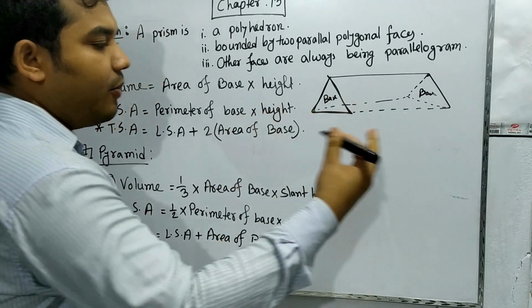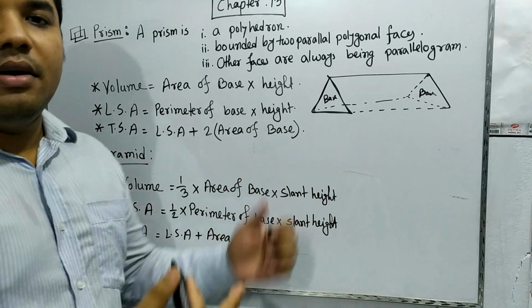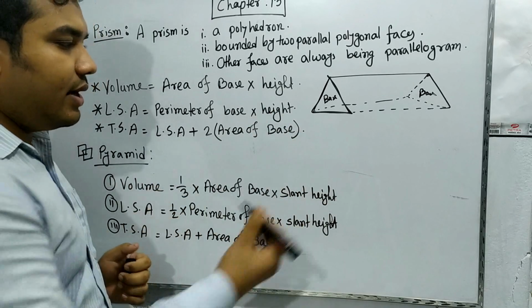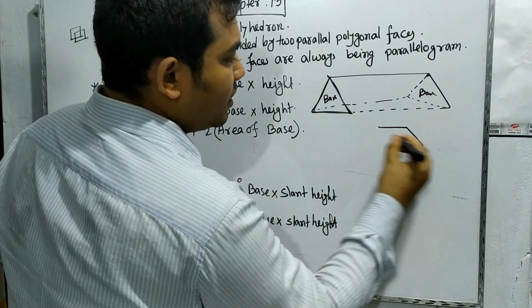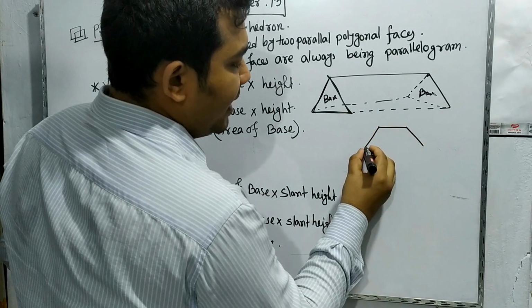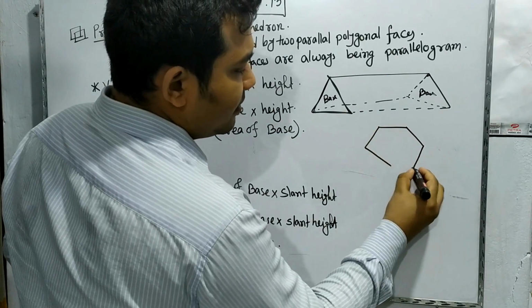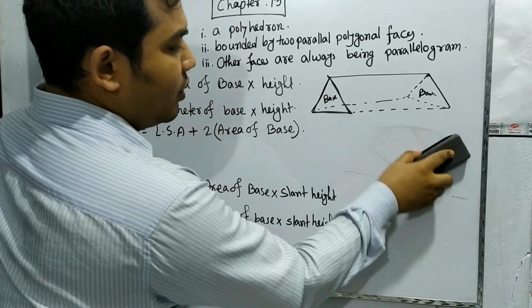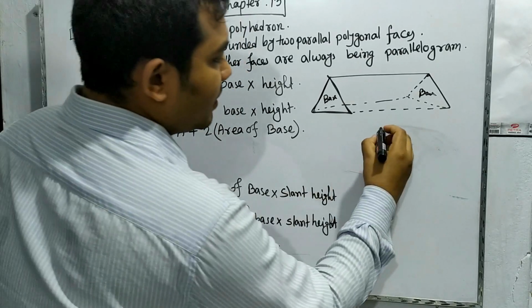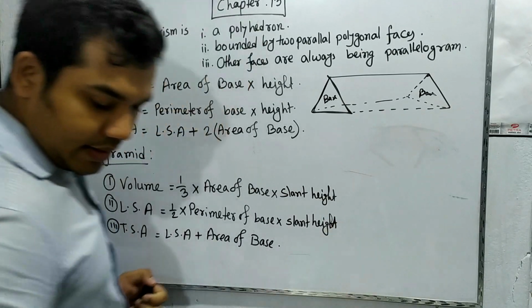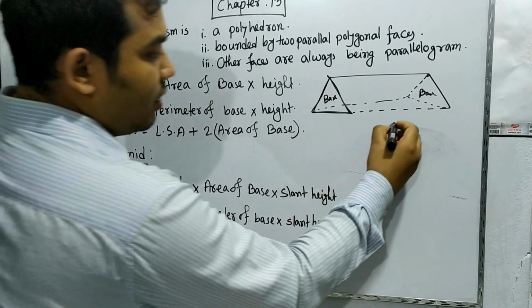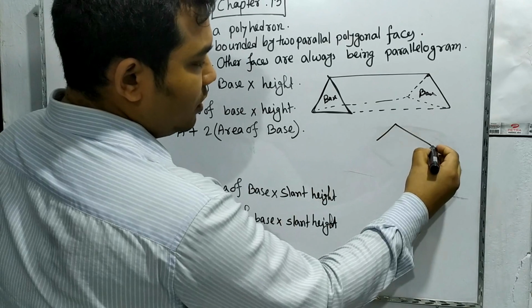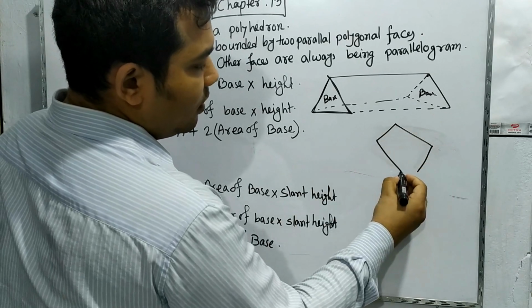It can be a polygon, that is, a triangle, quadrilateral, pentagon, hexagon, anything else. We are trying to draw a pentagon, actually. It can be like a pentagon. So 1, 2, 3, 4, 5.